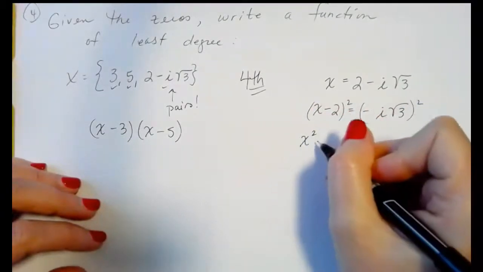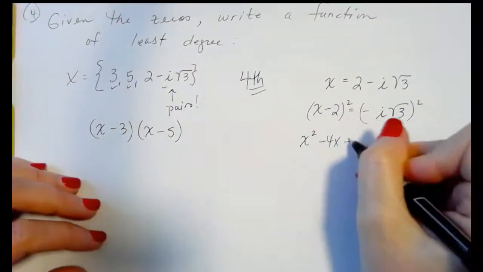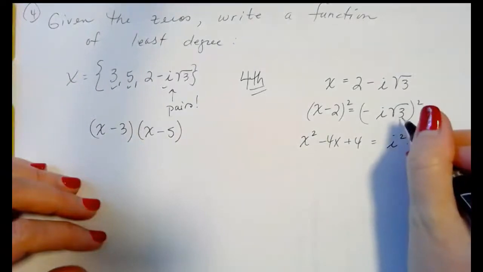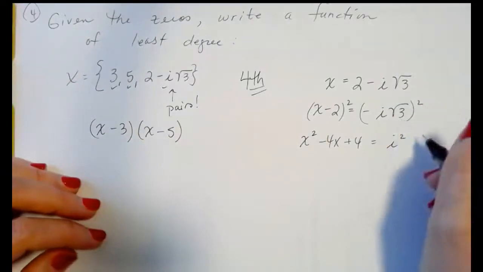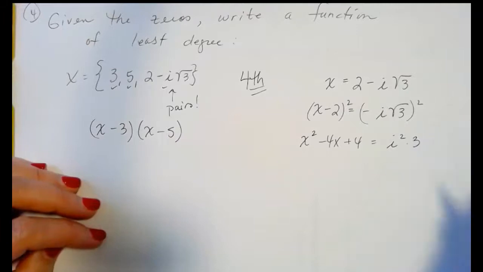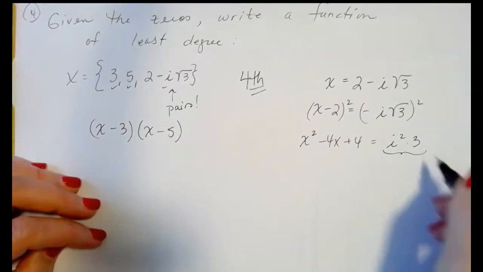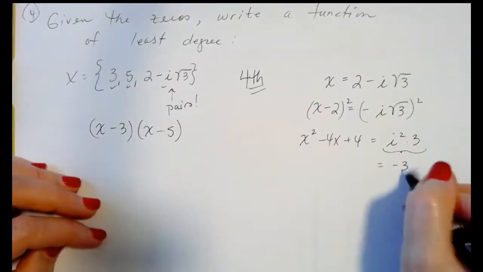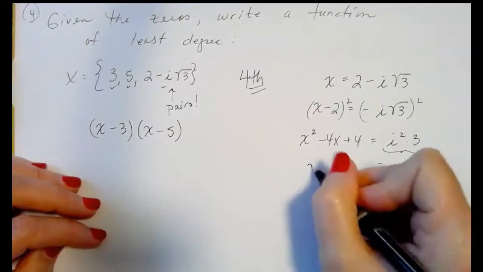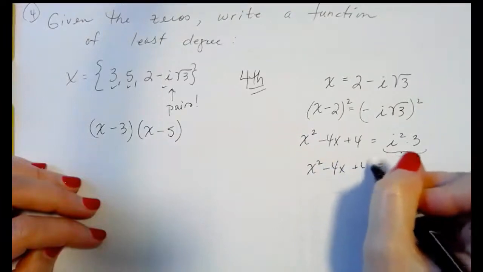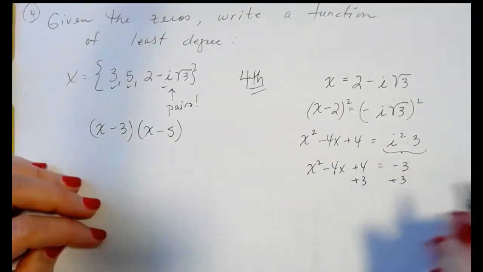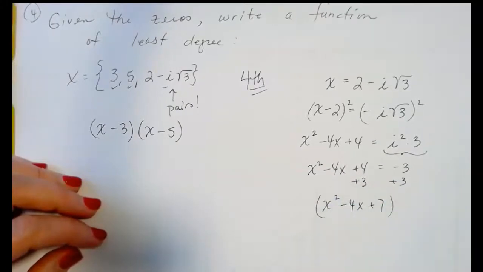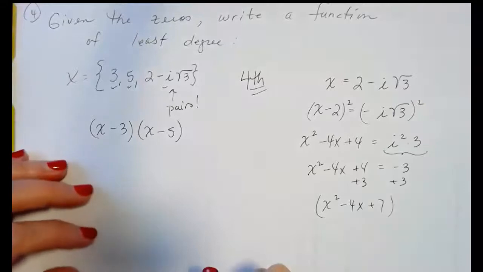So x squared minus 4x plus 4 equals i squared times root 3 squared, which is root 9, which is 3. So this right-hand side is just going to become negative 1 times 3, which is negative 3, which we will add to both sides to yield a quadratic factor of x squared minus 4x plus 7.